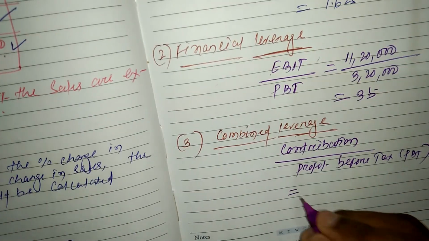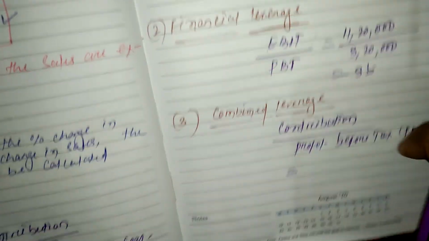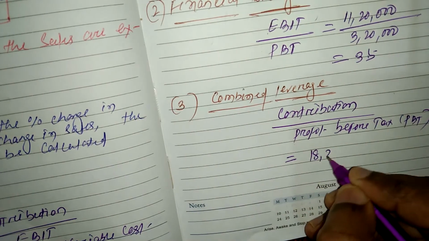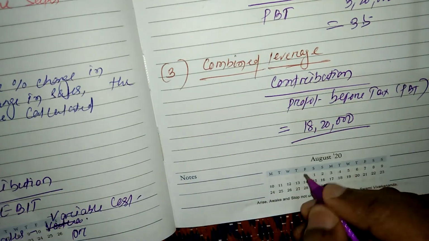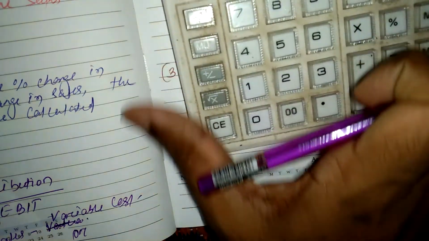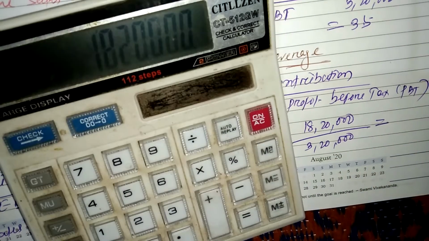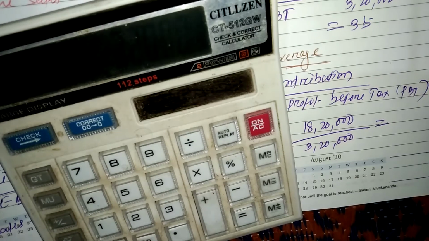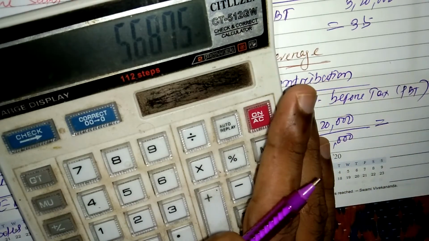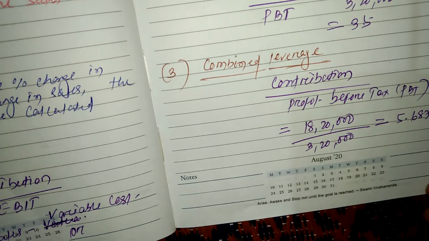Here we have already obtained the contribution, 18,20,000, and profit before tax is given in the question as 3,20,000. So 18,20,000 divided by 3,20,000 is 5.6875, or 5.69.